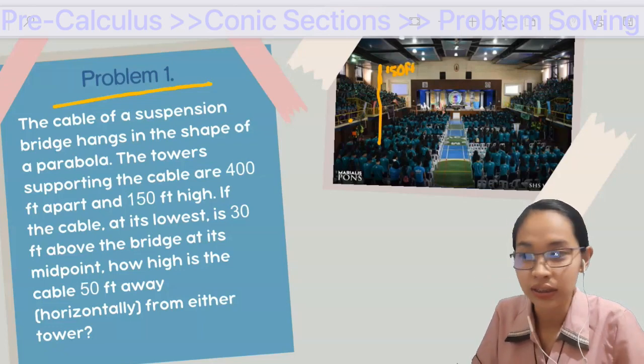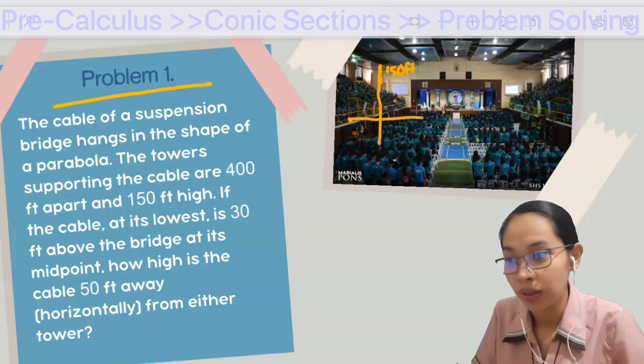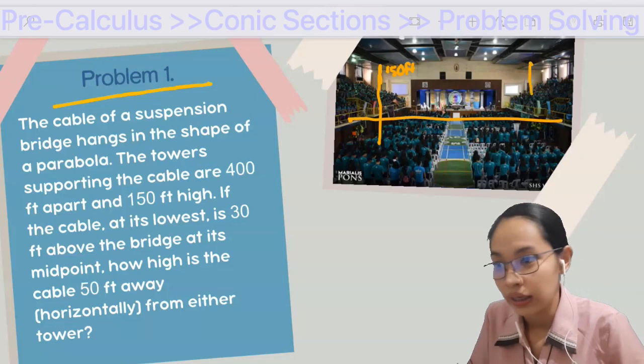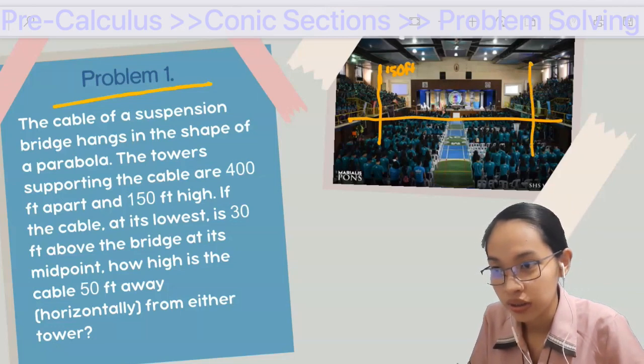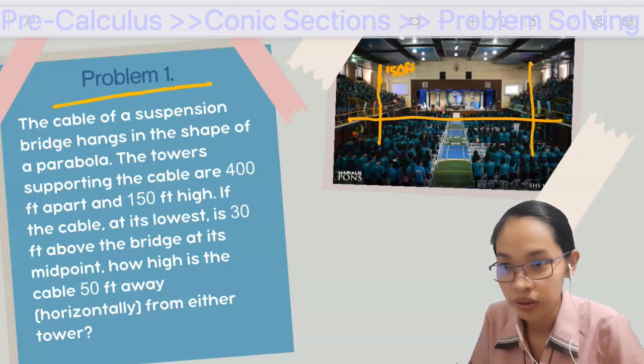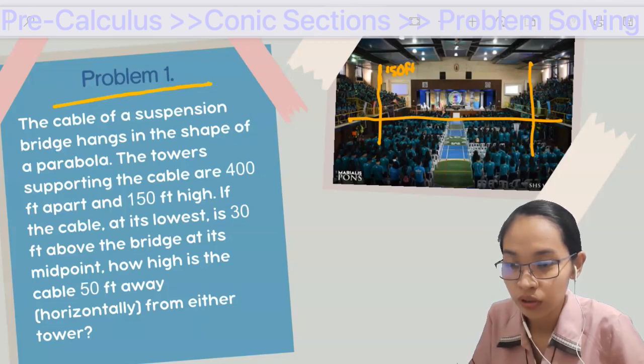Take note here, class, that for this problem, we said 150 feet high, that is from the bridge. Connecting these two benches, this is our bridge. We construct our two towers that are 150 feet high from the bridge.